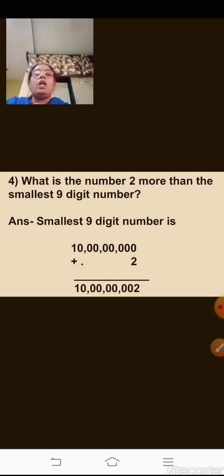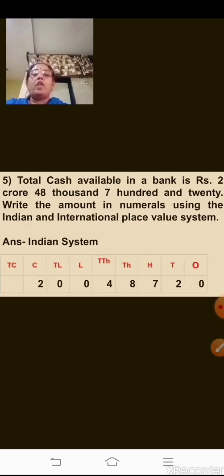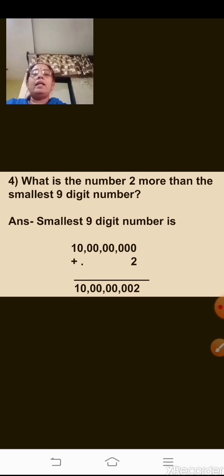Now to this 10 crore, if you add the number 2, you will get 10 crore 2. So the question asked is, what is the number 2 more than? If it is 2 less than, then you will subtract 2.